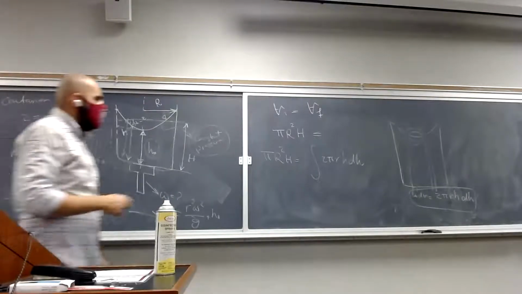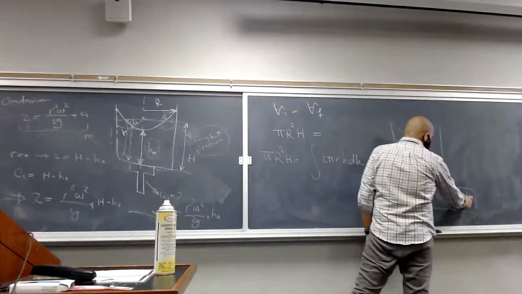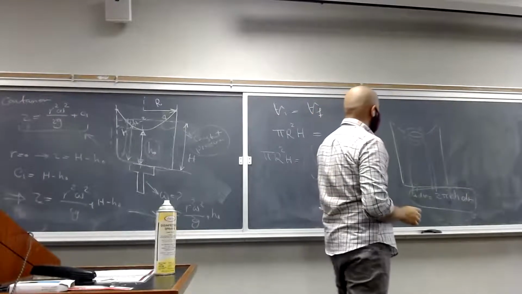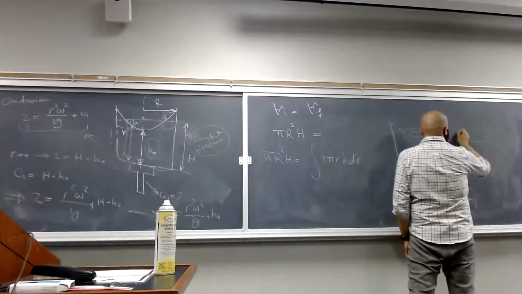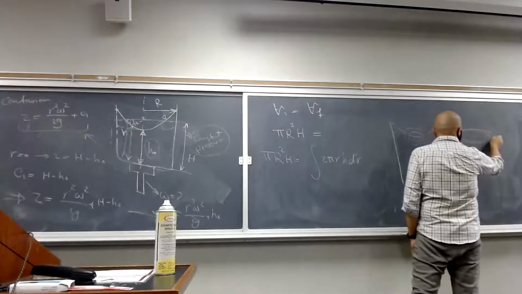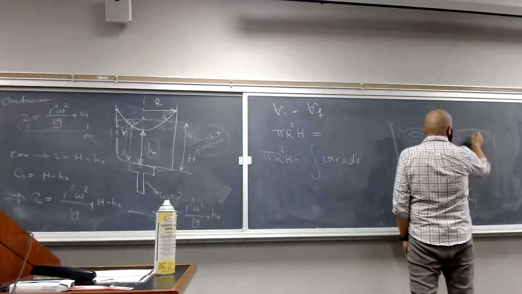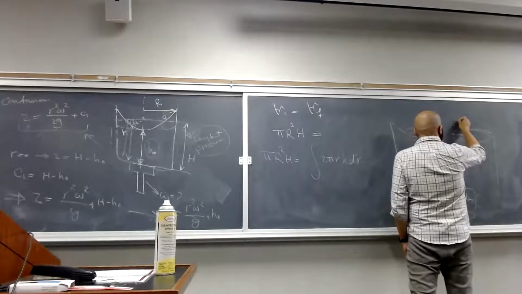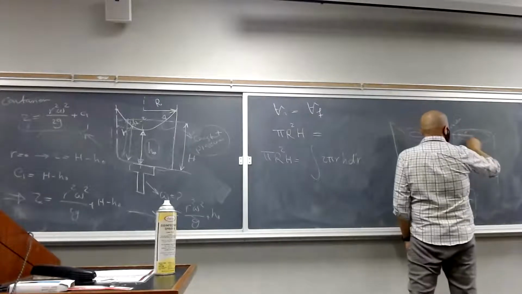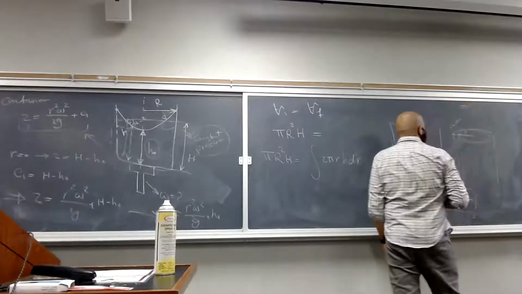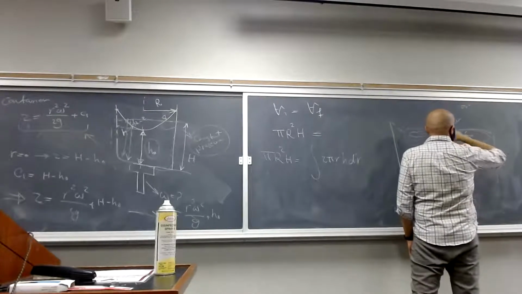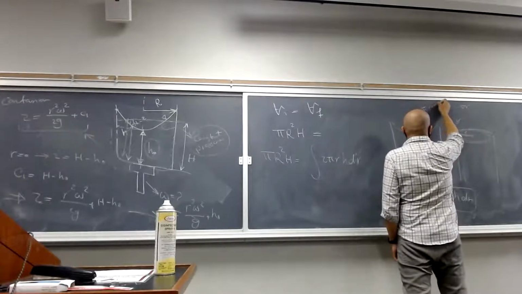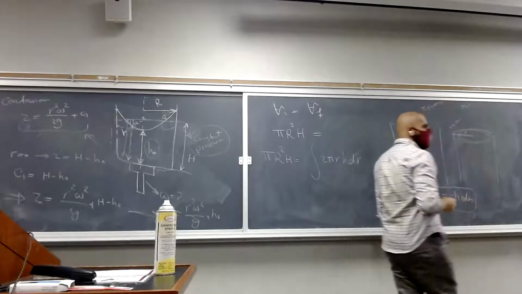That's dr, I'm sorry. That was my mistake. I did the dr first. Let me actually explain this, because I think it may create confusion. This is a small elemental volume. The radius here is R. The radius here is R plus dr, right? The surface area with R is pi R squared. The surface area with the outer one is pi (R plus dr) squared, right?